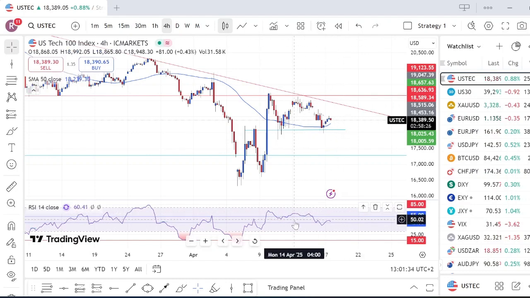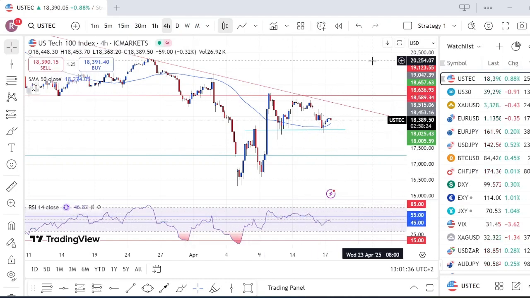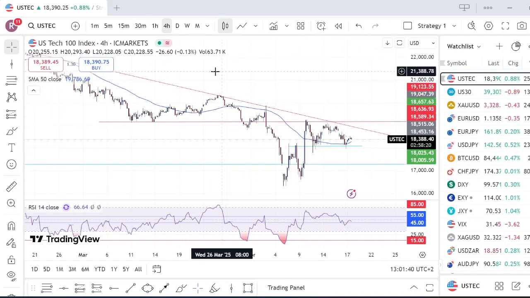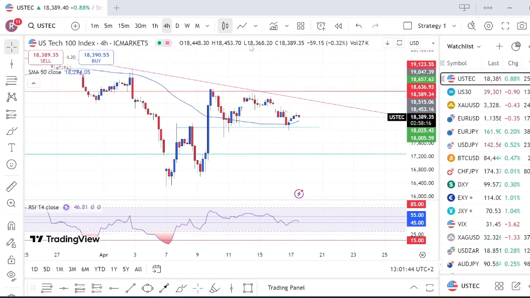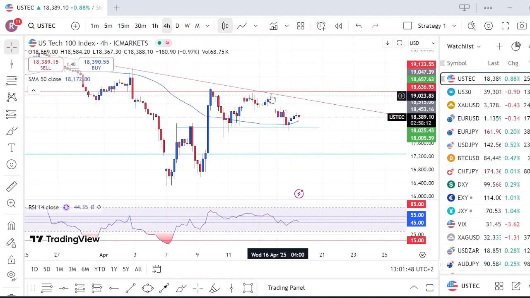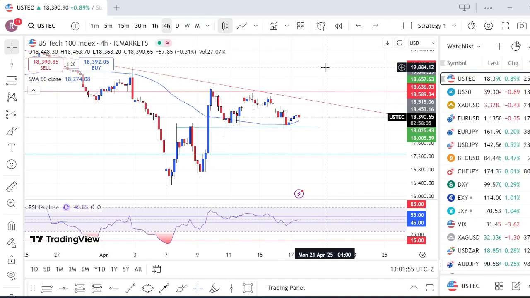RSI is in that sweet spot zone right now between 45 and 55, but with that major bearish resistance trend line at play here, it doesn't look like we're about to make any more highs. And if we do make highs, we are probably going to find resistance at that trend line or at the resistance of 18,950 or thereabouts, potentially 19,150.